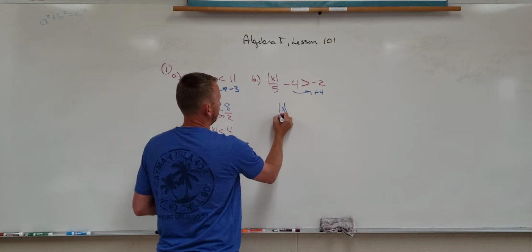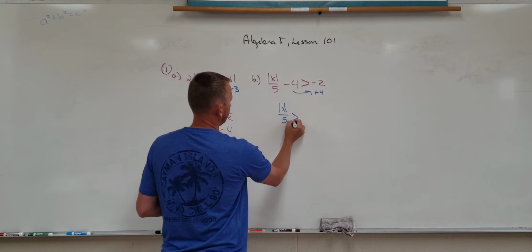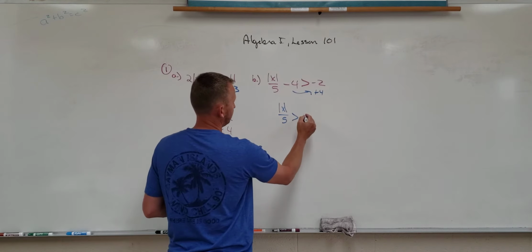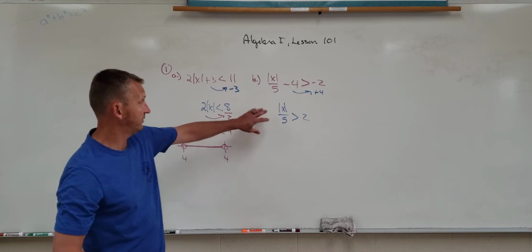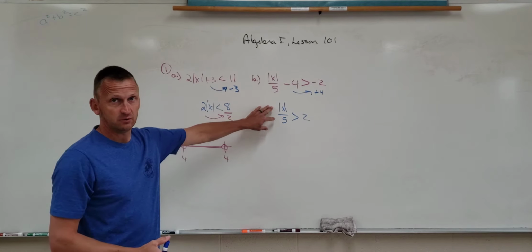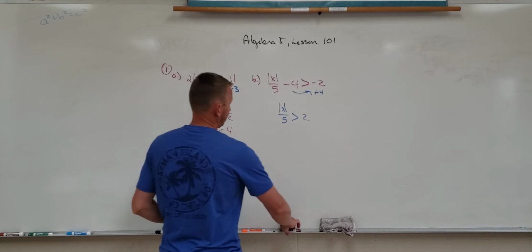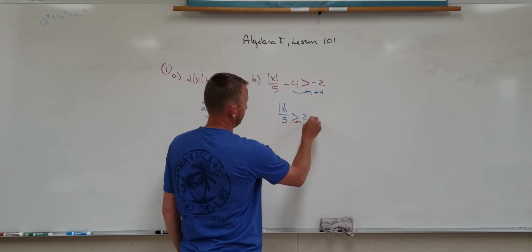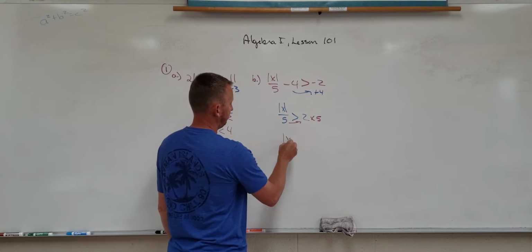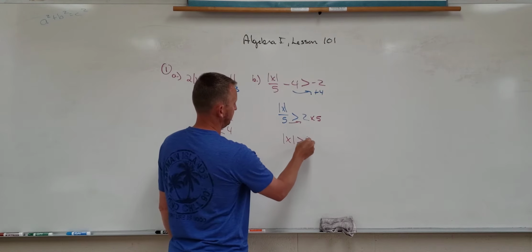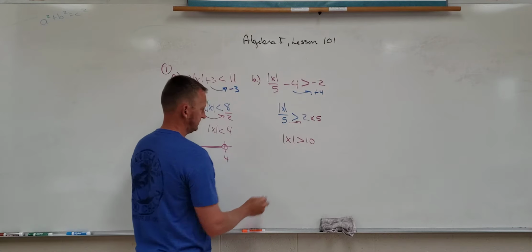So the absolute value of x over 5 is greater than 4 minus 2, which is 2. Now, we haven't seen this very often, but we have a division. So if I'm dividing here, that means I'm going to take my 5 over and multiply. So I now have the absolute value of x is greater than 10.